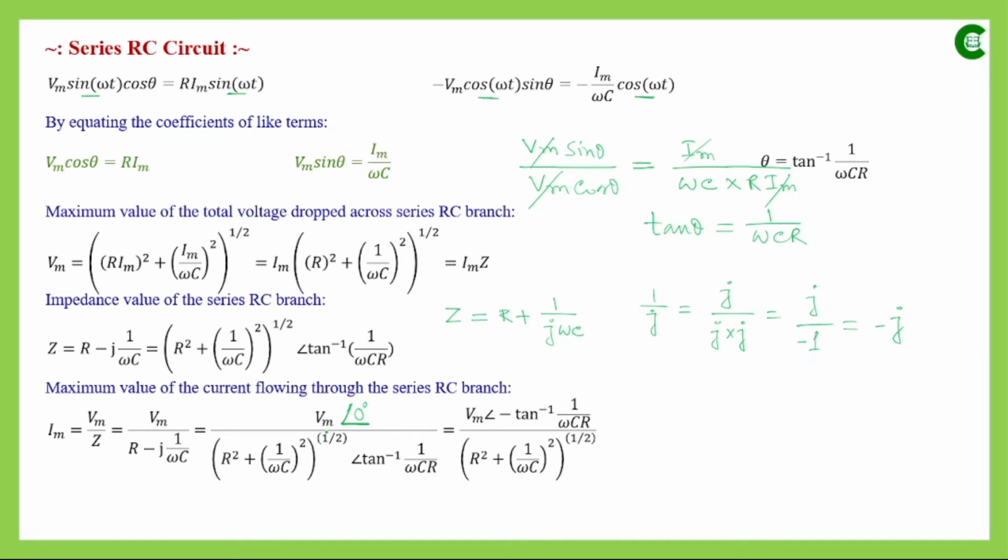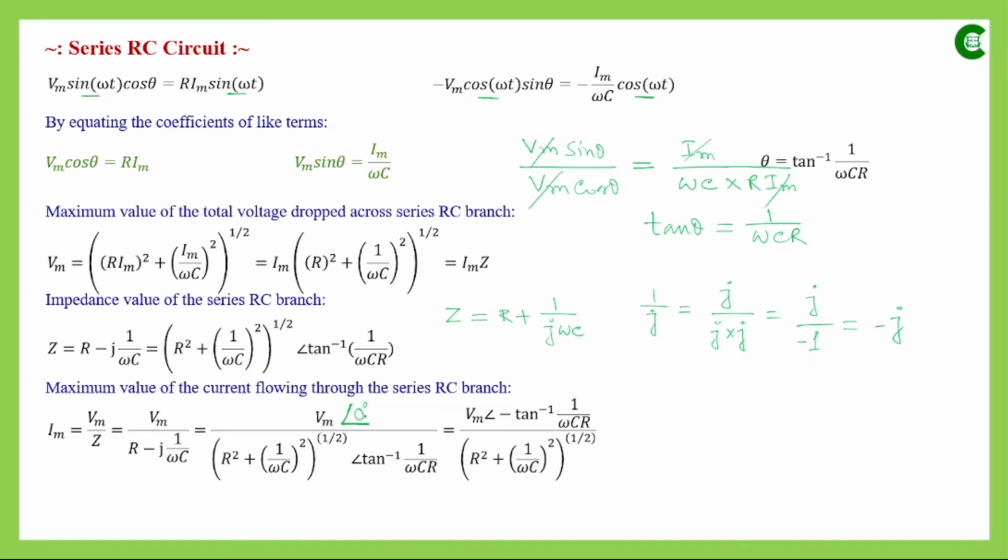Now we know the rule of division for AC components: the magnitude Vm in the numerator is simply divided by the magnitude of the denominator, which gives the final magnitude, and the angle of the denominator is subtracted from the angle in the numerator.